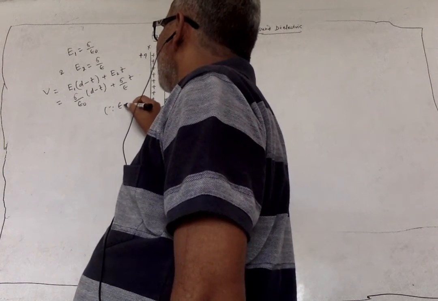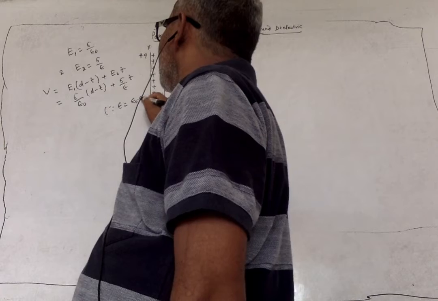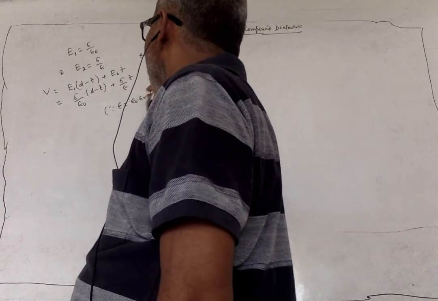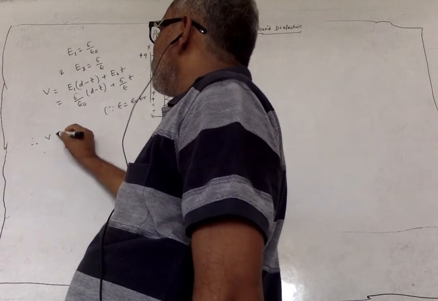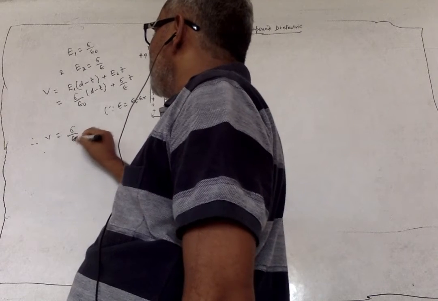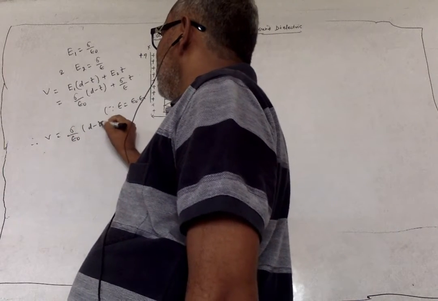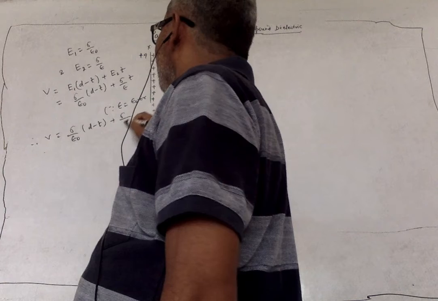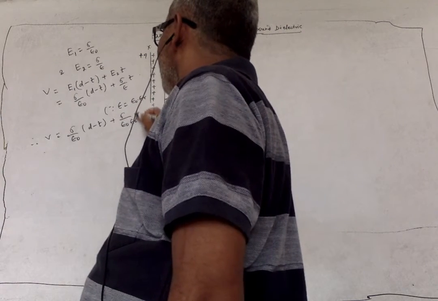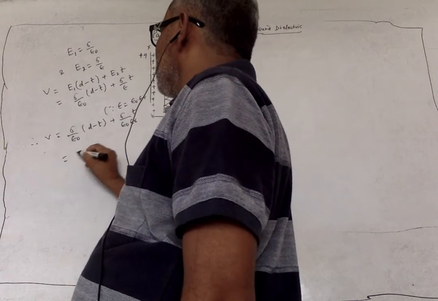Since epsilon equals epsilon naught into epsilon r, V equals sigma by epsilon naught (d minus t) plus sigma by epsilon naught epsilon r t.